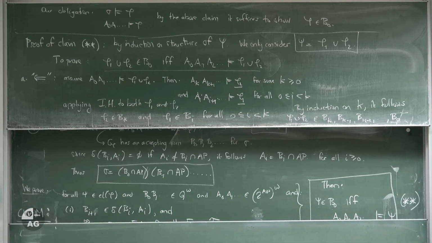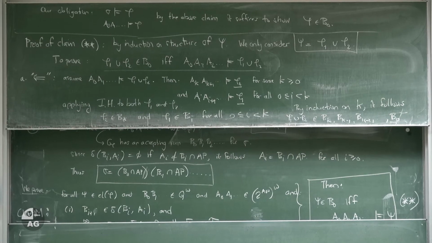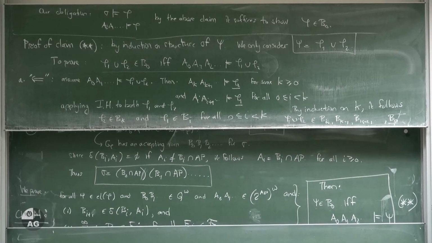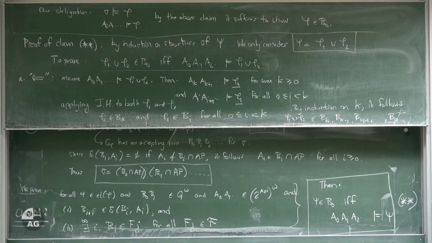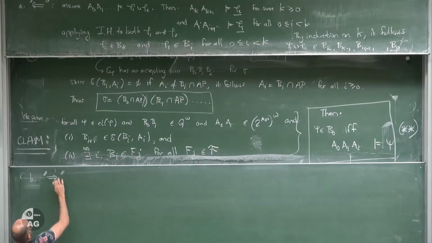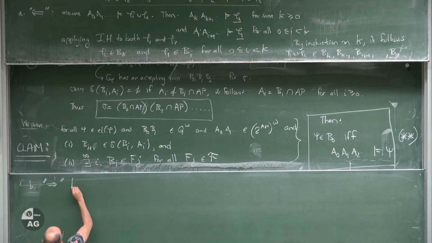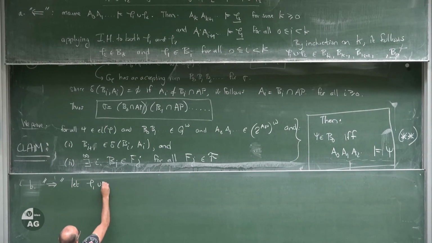Good, that was the implication from right to left. What about the implication from left to right? So the second part, which I call B, is now the implication from left to right. Let phi 1 until phi 2 belong to B0.